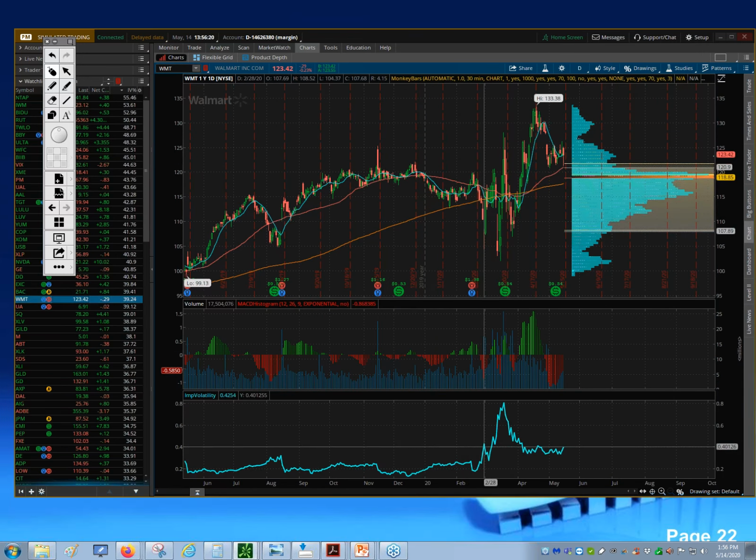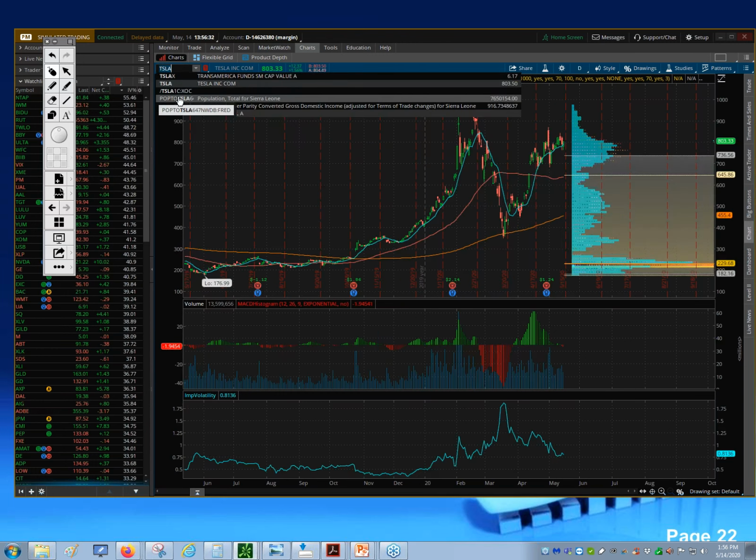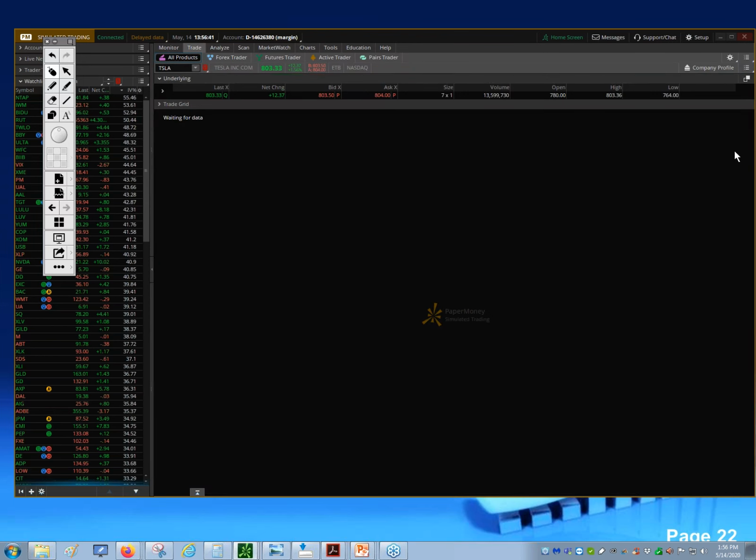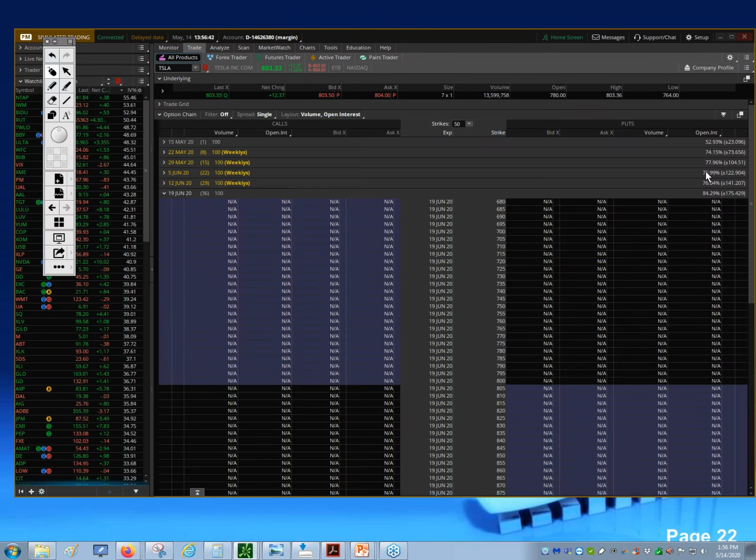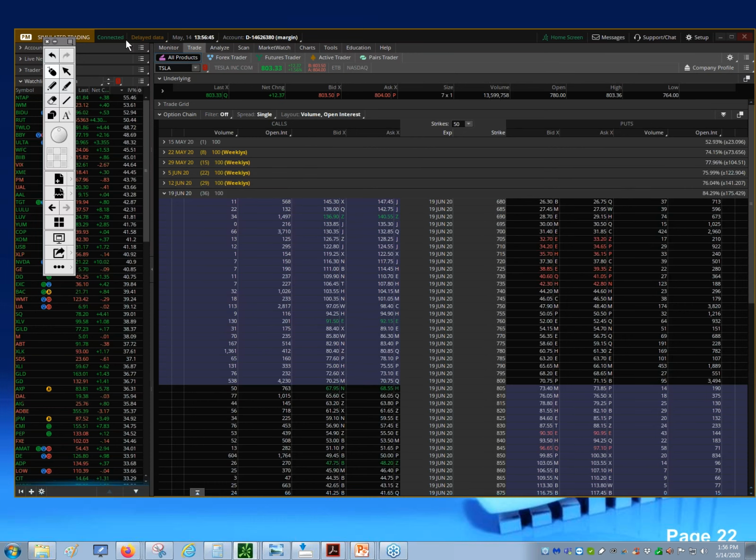Same with Walmart, but you can see that it is pretty high right now. We can look at something like Tesla. Let's just look at an extreme example here. Tesla, 81, that's where it's normally been at the highs. It's 84 here, but then we go over and look at Apple.